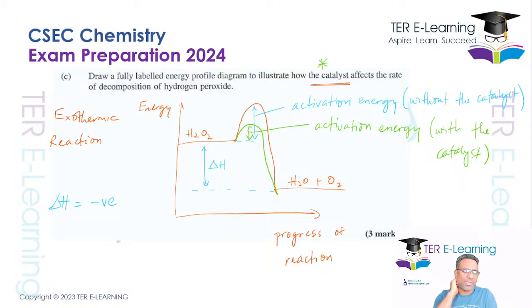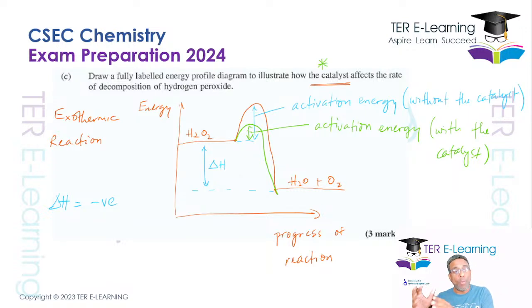Another thing you need to know is that whenever you have a chemical reaction taking place, we have bonds being broken and bonds being formed. Bond breaking requires energy, so it's an endothermic process. Every time you form a bond, energy is released, so it's exothermic. In any chemical reaction, you have bonds breaking and bonds forming.